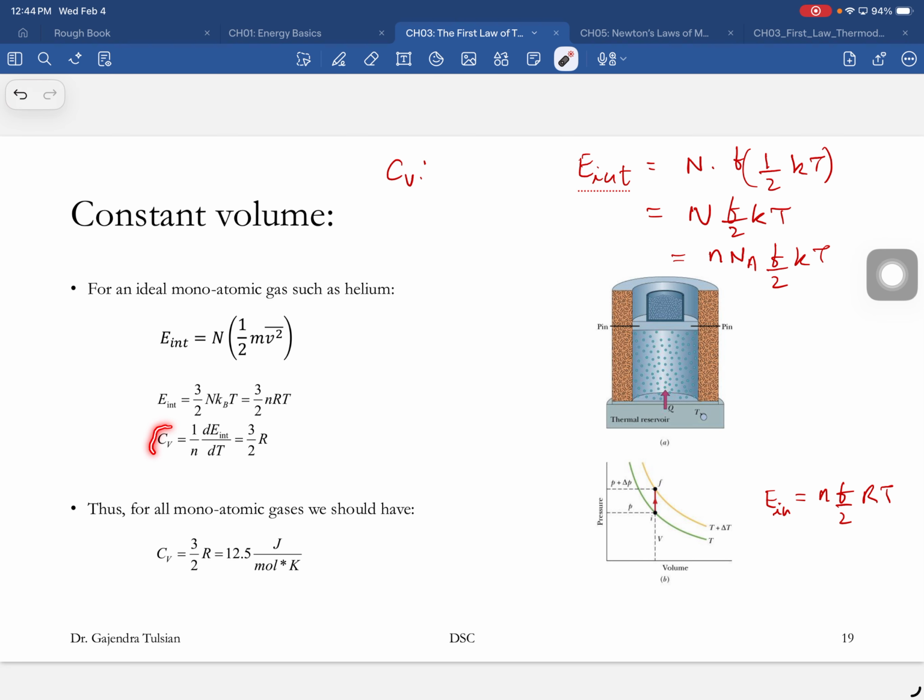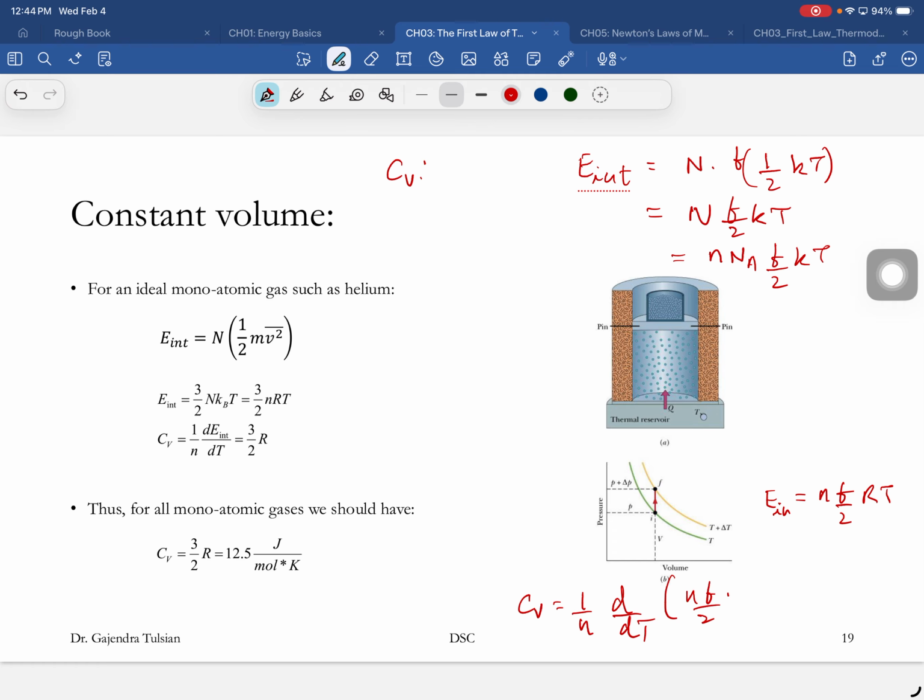Okay, so CV is defined as 1 over n, dU with respect to the temperature. So CV is 1 over n, d/dT of n F/2 RT.